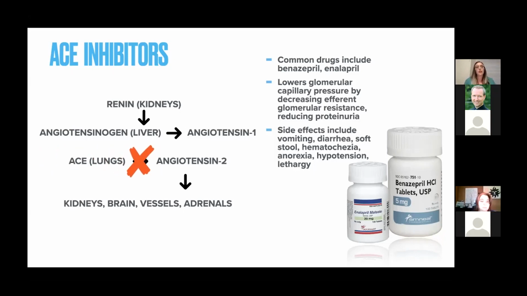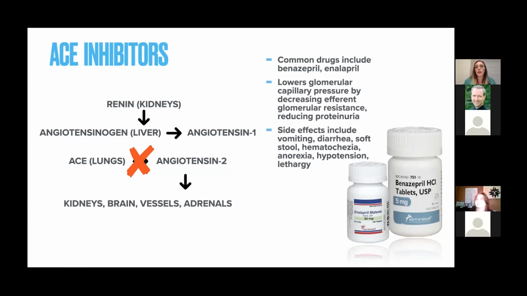We are stopping RAAS at this point. We're going to try to inhibit angiotensin 1 from converting to 2 by ACE. It does inhibit, but it doesn't completely stop all of the conversion.